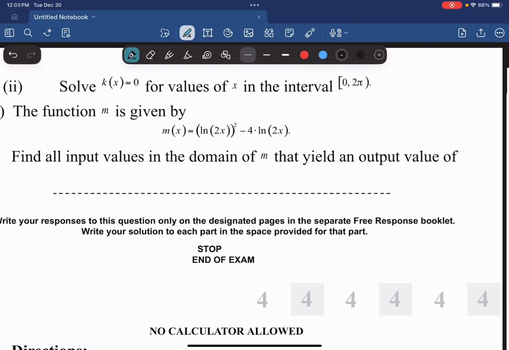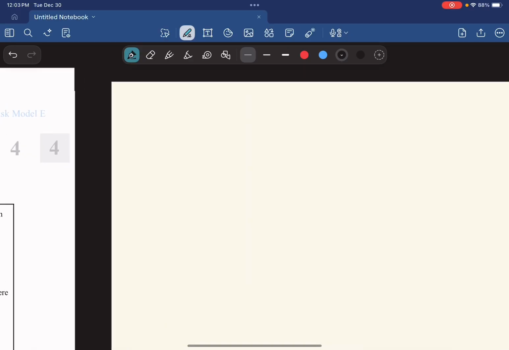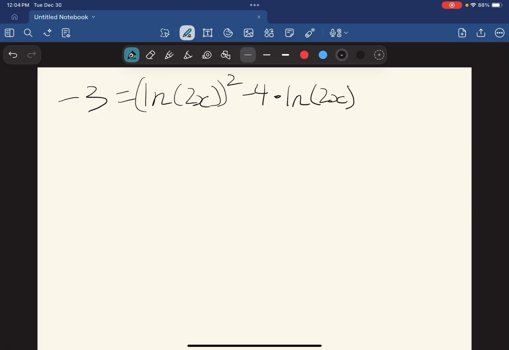I'm actually going to go to this separate page and do it because I'm going to need a little bit more room. But we can do -3 equals ln of 2x, all this squared, minus 4 times ln of 2x, right?